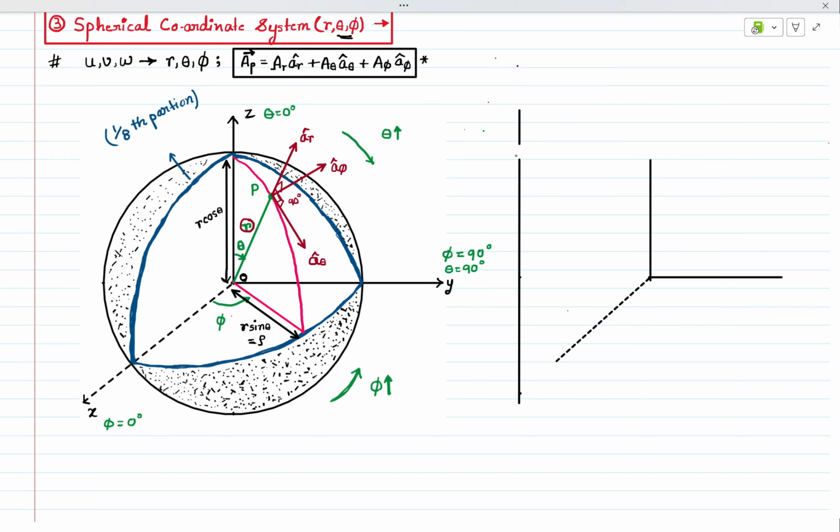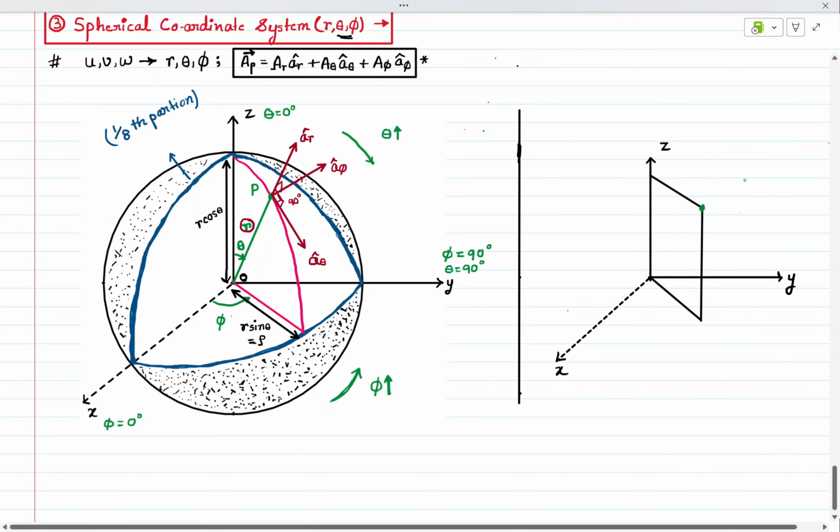Okay. Now this is X, this is Y, and this one is Z. And this is the R. This is the point.